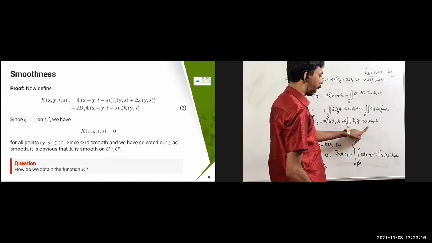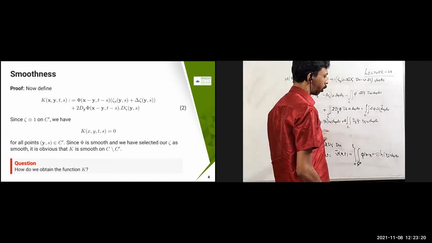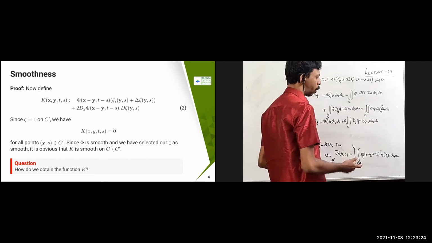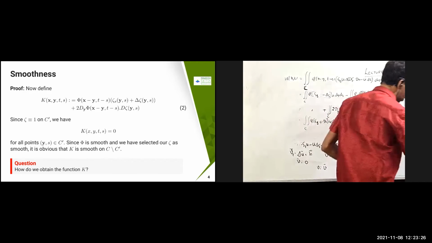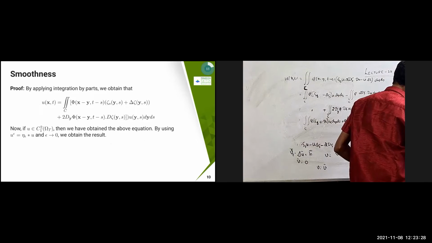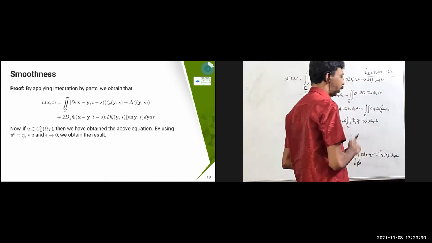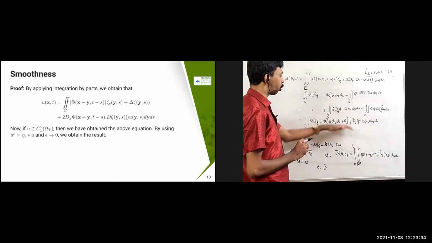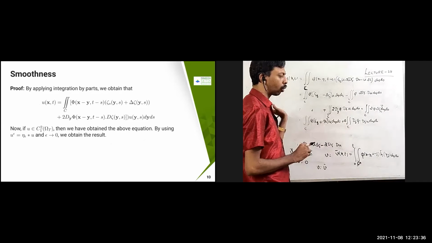That's what I have defined as k of x comma y comma t comma s. Since u belongs to c1 square omega t, k of x comma y comma t is going to be satisfied for the problem within c only.